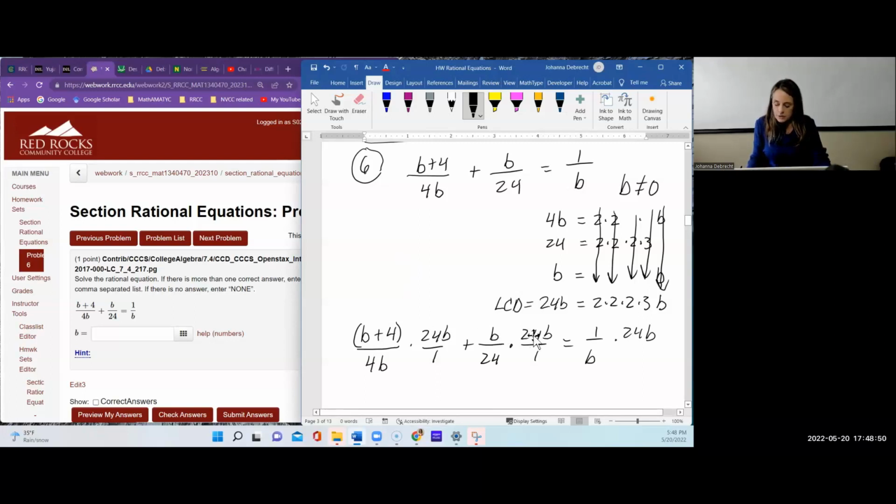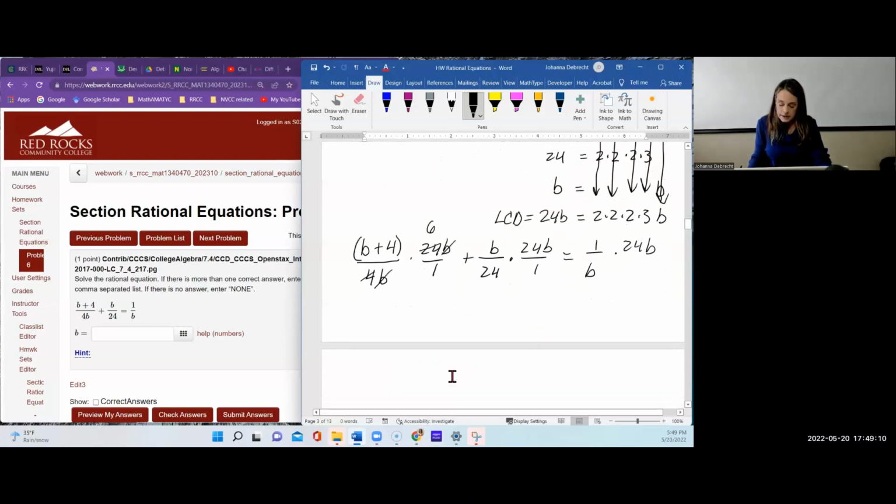The rest of these are things that are only multiplied or divided, so they're already in the right form to reduce. I have 24 divided by 4, which will leave a 6 behind. I also have b, which divides by b, and that leaves no b constant behind.